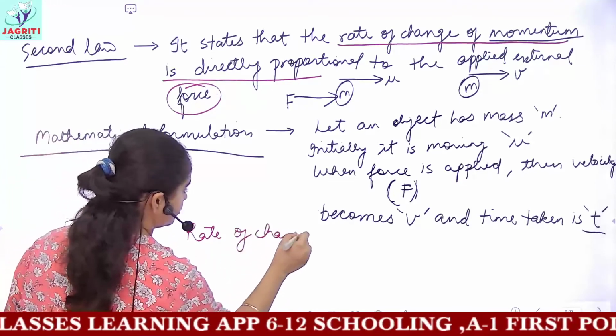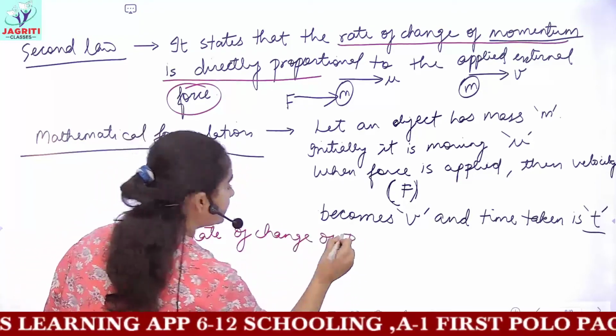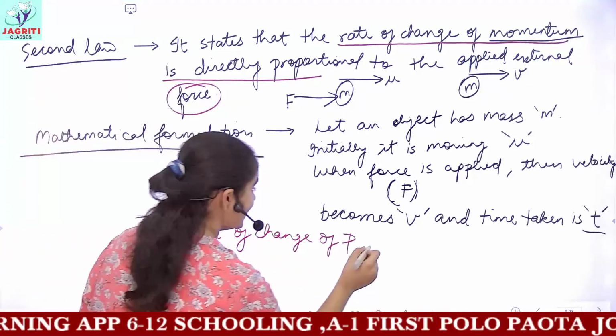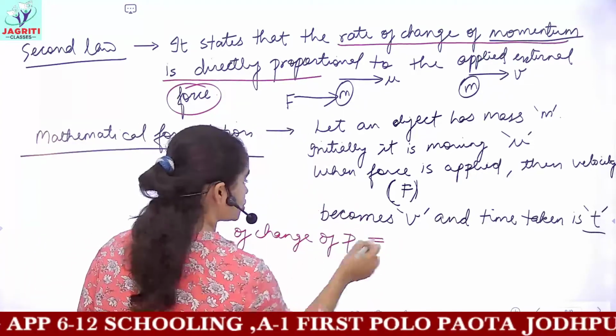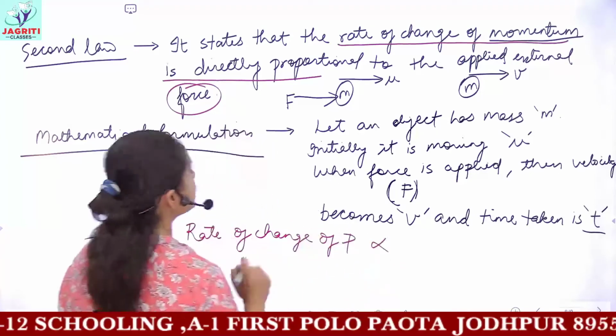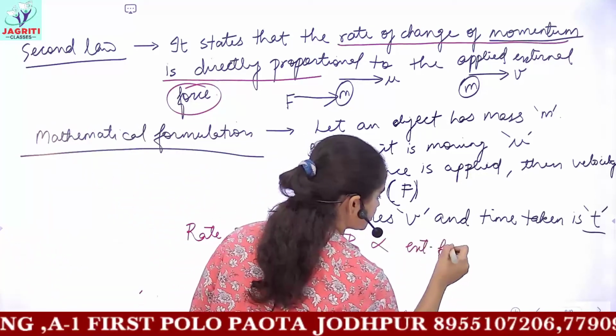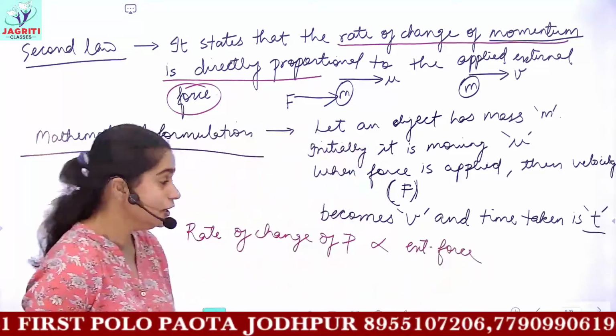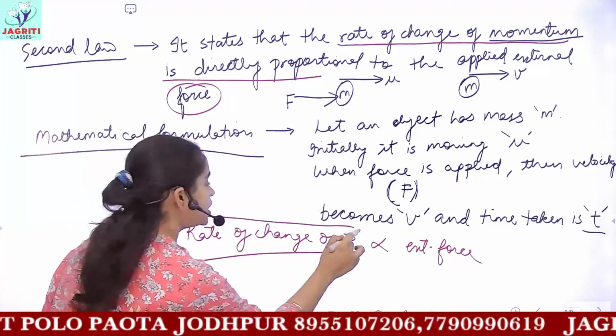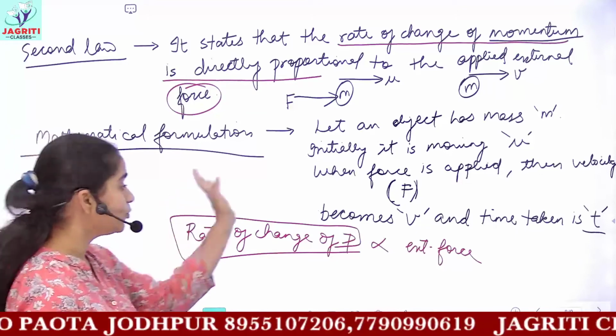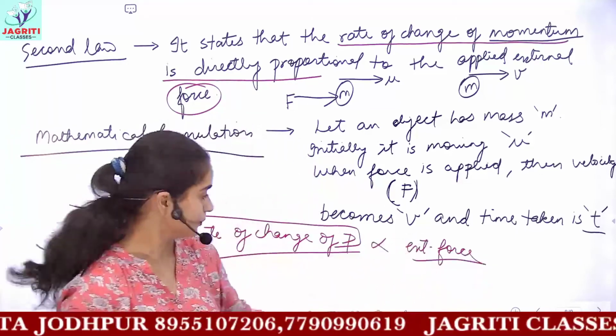Rate of change of momentum is denoted by the symbol small p, is directly proportional, so we'll have a proportionality sign, to the external force, or you can just simply write force. So first I'll be finding the rate of change of momentum, and then I'll be proportionating it to the force.